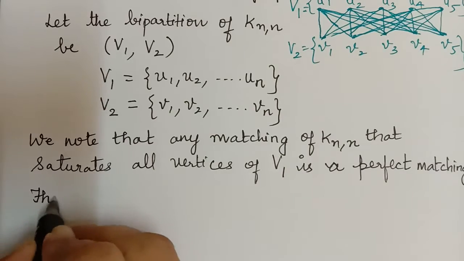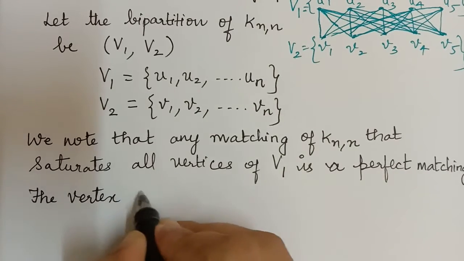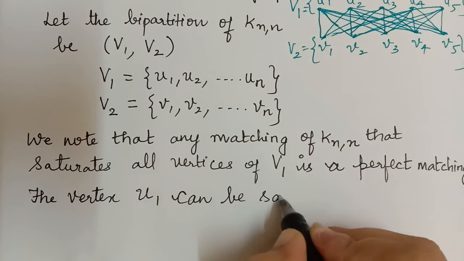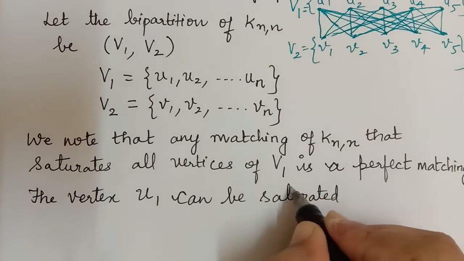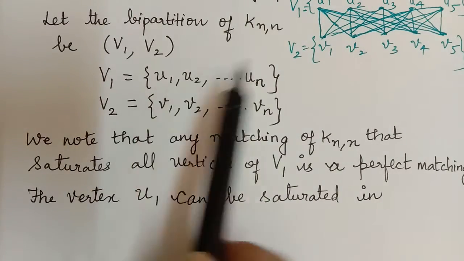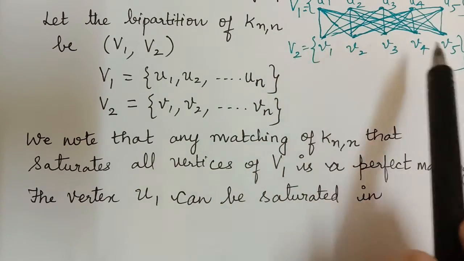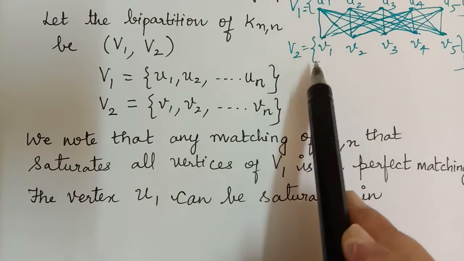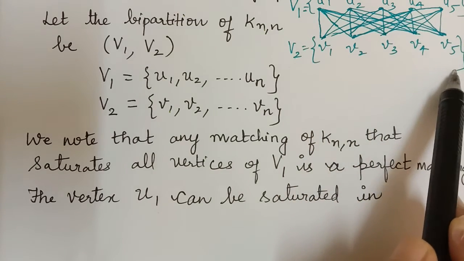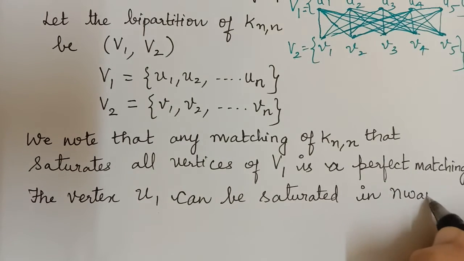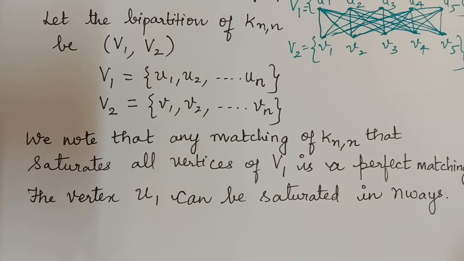Now suppose we consider the vertex u1. In how many ways can this vertex u1 be saturated? Now u1 is adjacent to all the n vertices of V2, because it is a complete bipartite graph. So it can be saturated in n ways, because it is adjacent to n vertices of the other partite set.